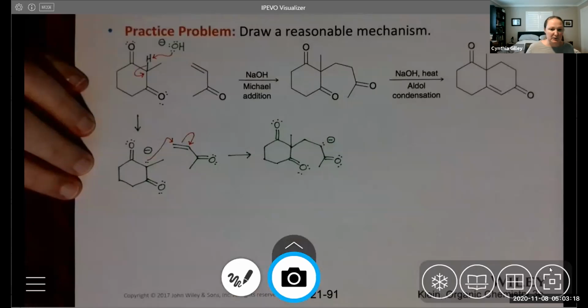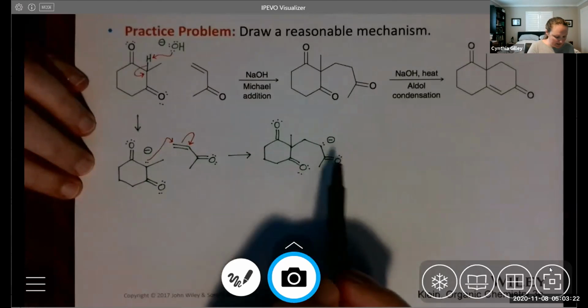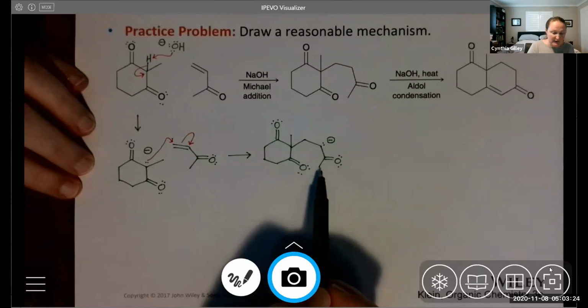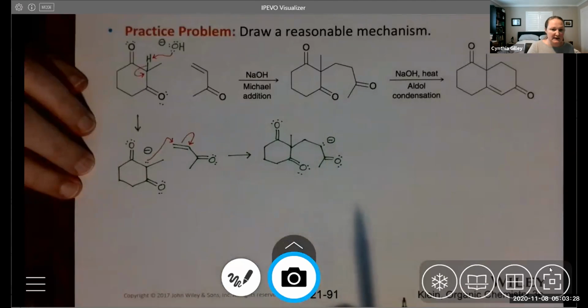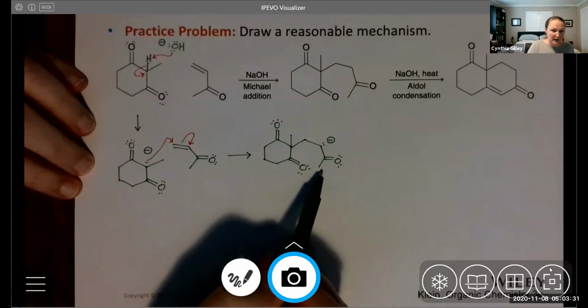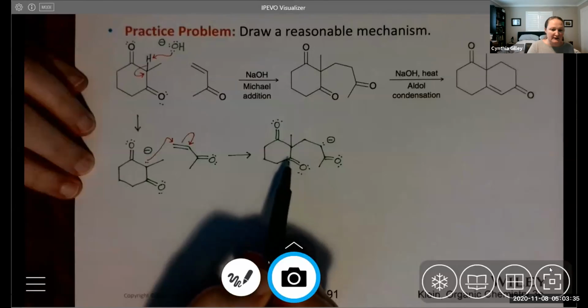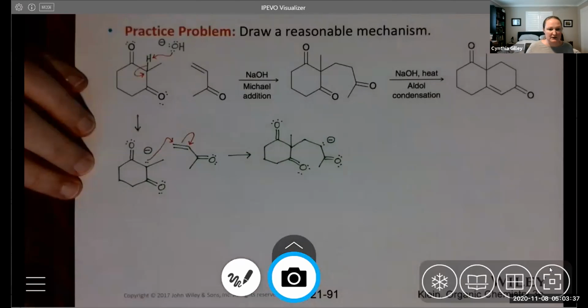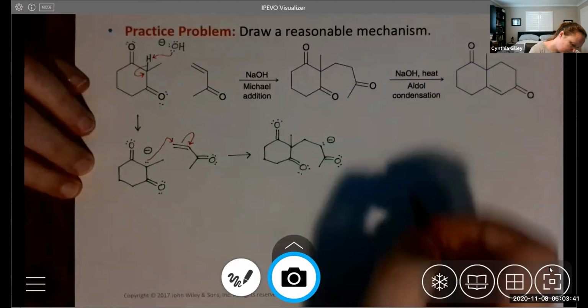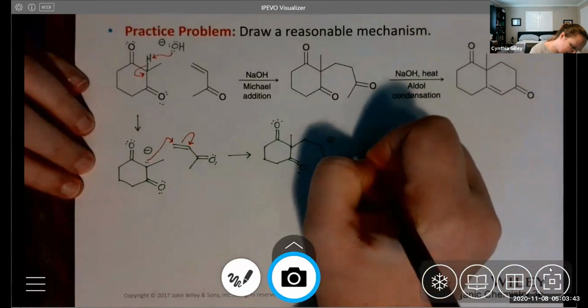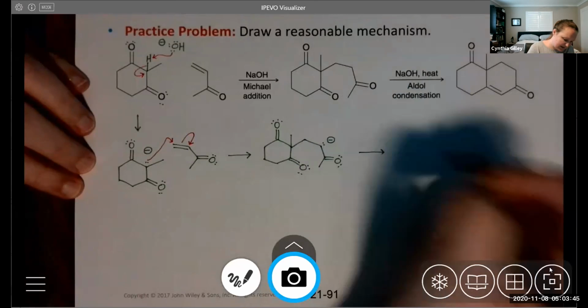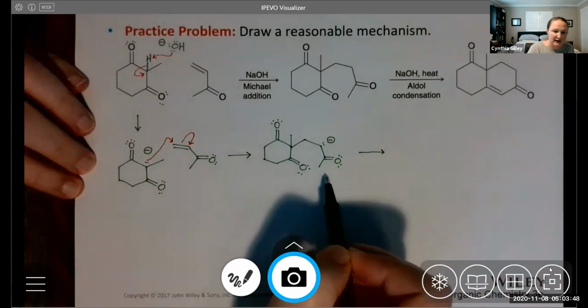So what we're going to do is a proton transfer sequence, where we protonate this alpha carbon and then deprotonate the other alpha carbon with this ketone. The reason for that is once I have the lone pair and negative charge on this alpha carbon, doing a nucleophilic attack will form a 6-membered ring, which is much more favorable compared to a 4-membered ring. So my goal then is to protonate here and then deprotonate there.